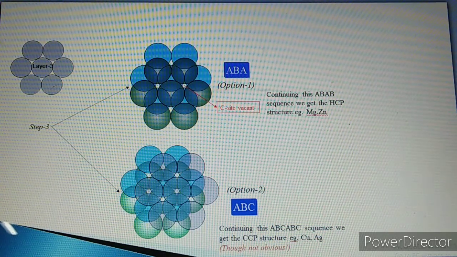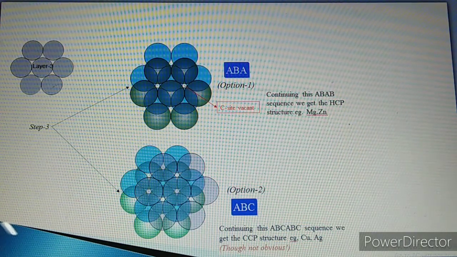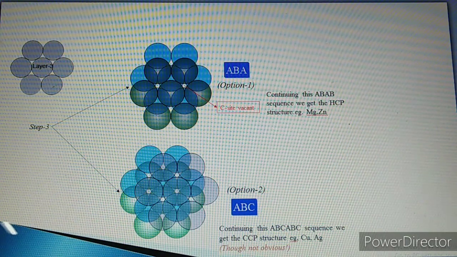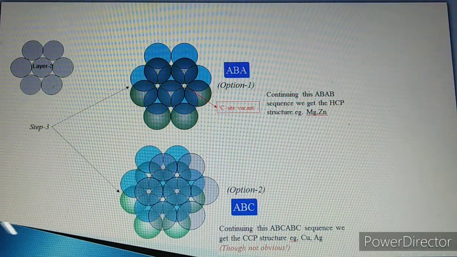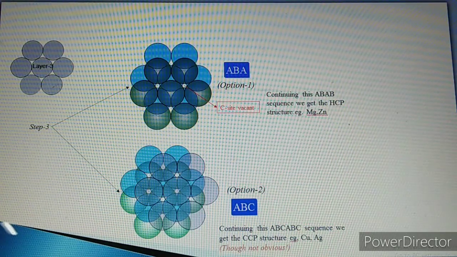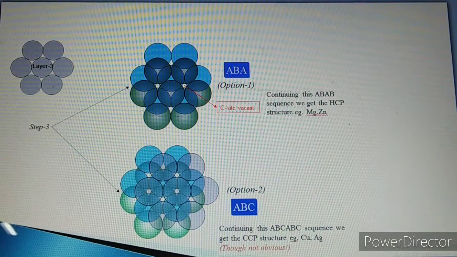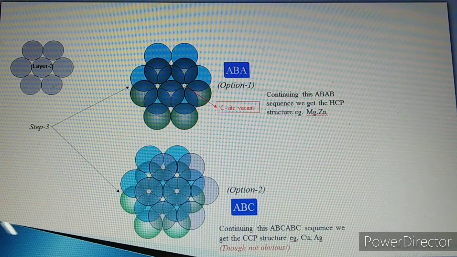Then in the second way, the third hexagonal close packed layer is placed so that it covers the octahedral voids of the second layer. In such placing, the spheres of the third layer do not align with the spheres of the second and the spheres of the first layer. Therefore, it is totally different. Therefore, this third layer is called the C layer.